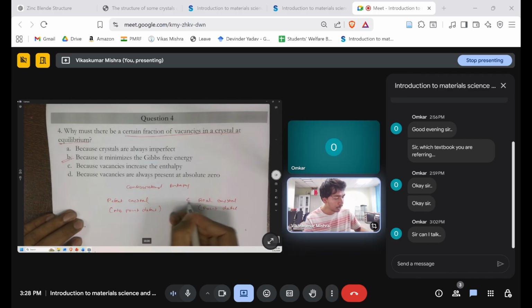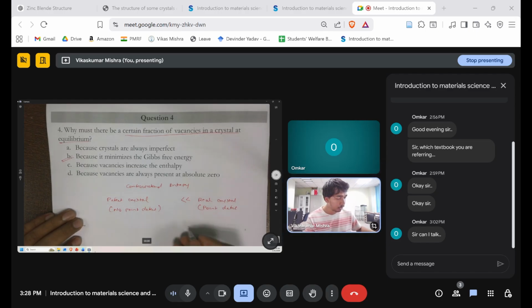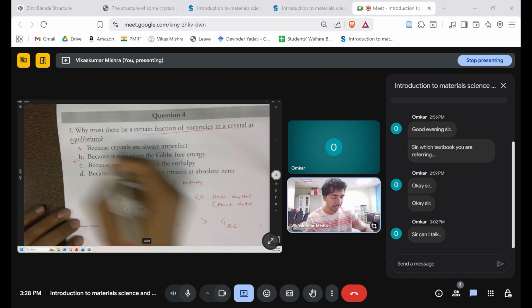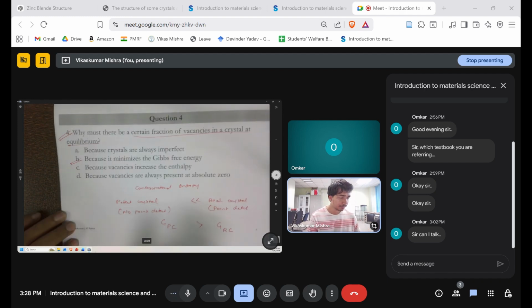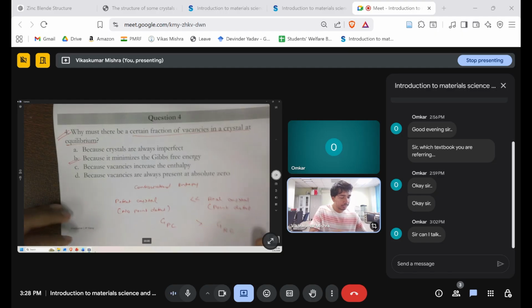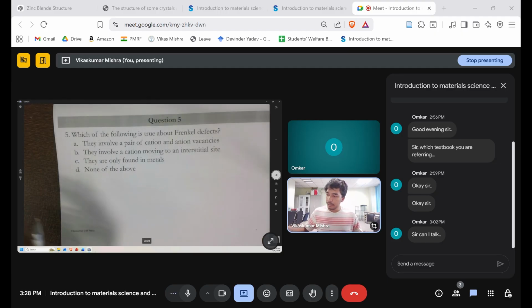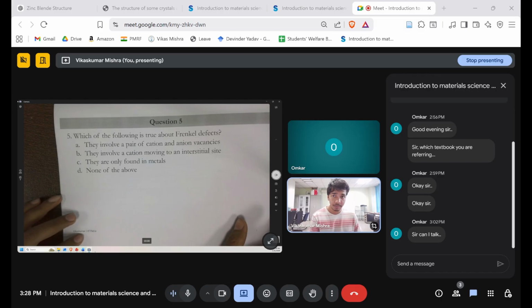The real crystal is more stable than the perfect crystal. The reason is that the Gibbs free energy of the real crystal is lower than the Gibbs free energy of the perfect crystal. So it minimizes the Gibbs free energy. Very good. Let's move ahead. Let's try to solve more questions. If you have any doubt, please let me know.